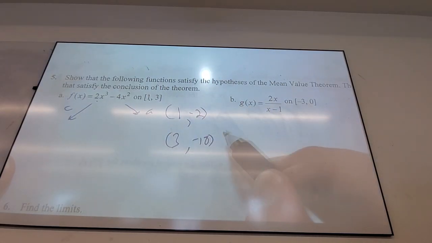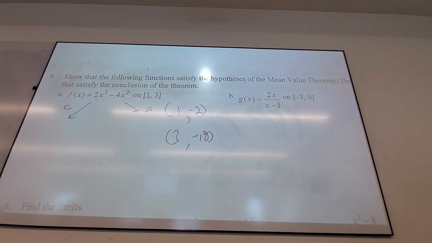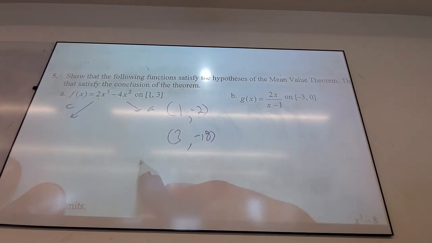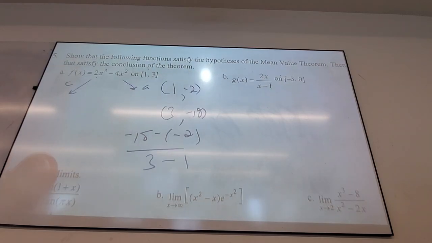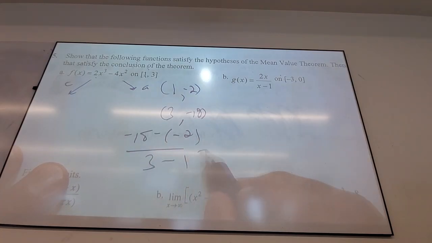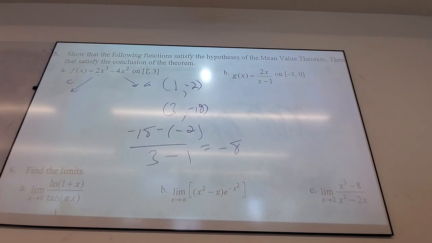Okay, thank you. Then y2 minus y1 over x2 minus x1, and this becomes 16 over, -8. Positive 18. Is it positive?